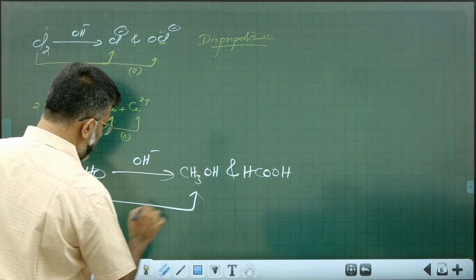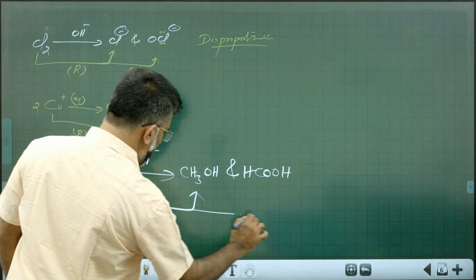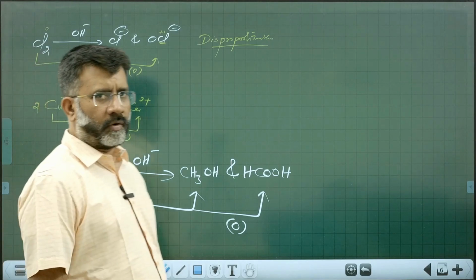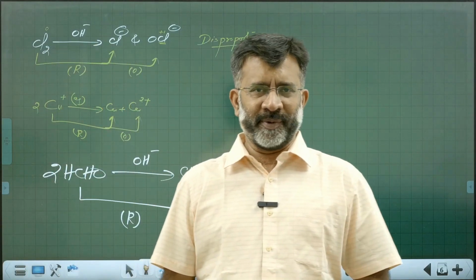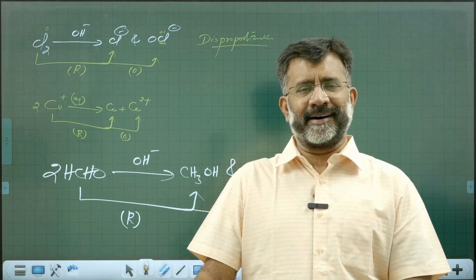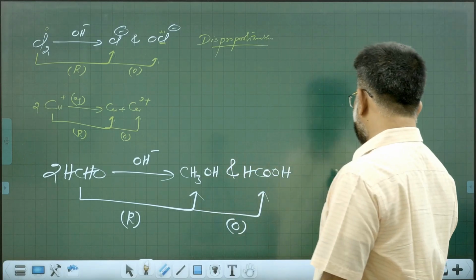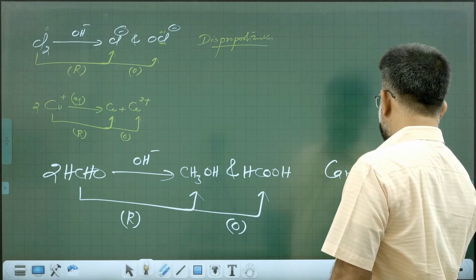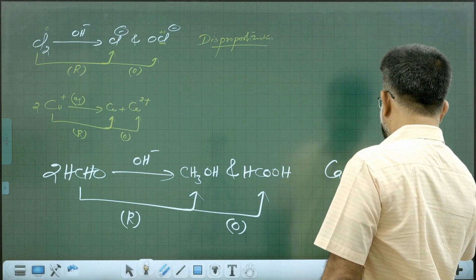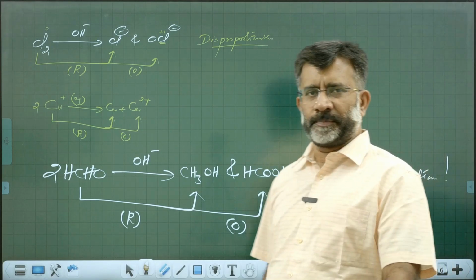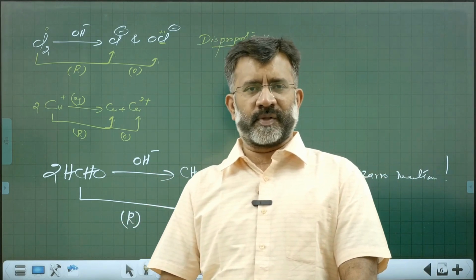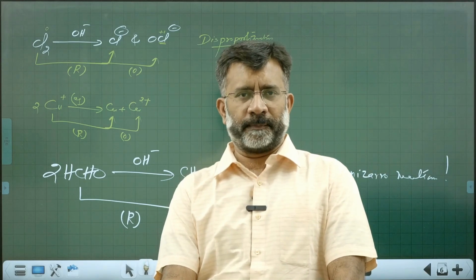Formaldehyde is reduced to methanol and oxidized to methanoic acid or a salt of methanoic acid. Hope you remember the reaction. This is called the Cannizzaro reaction, a popular example of a disproportionation reaction. Formaldehyde is simultaneously oxidized and reduced in the reaction.